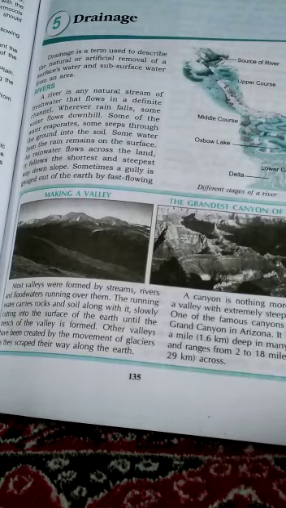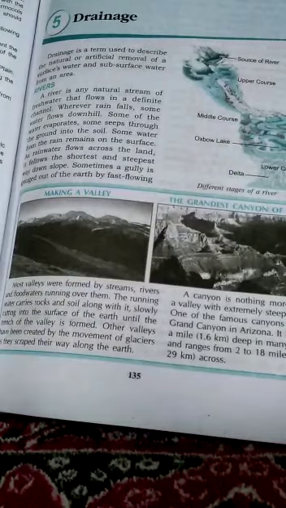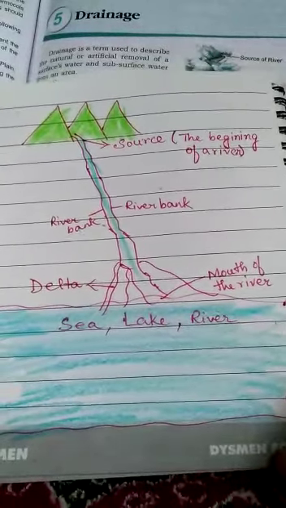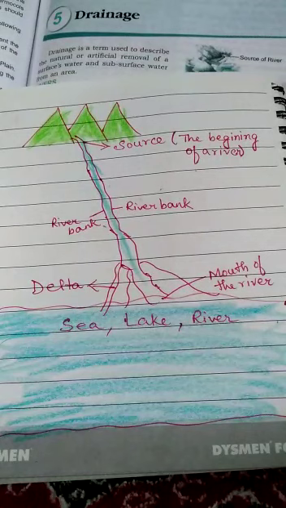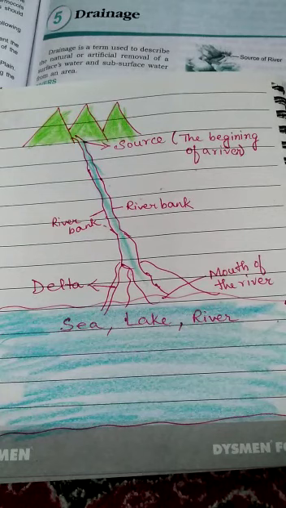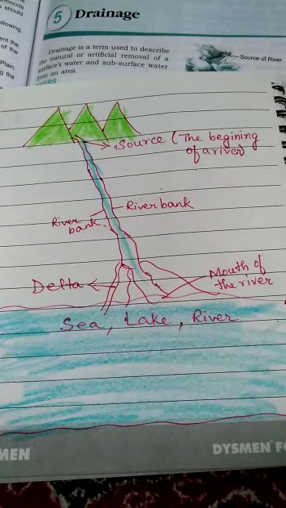Before that, we would like to understand this. See this example: the mountains are there, and from there the origin of the river flows. The place from where it starts is known as the source of a river.